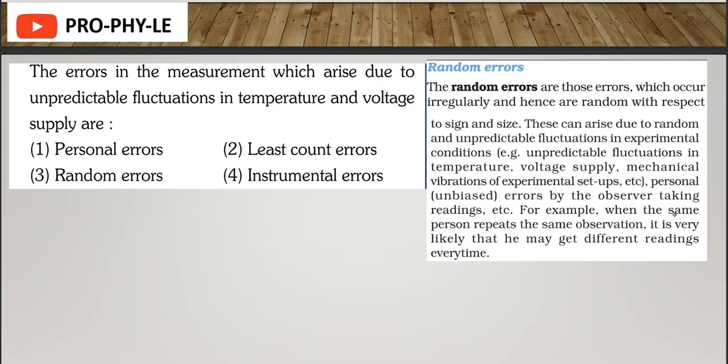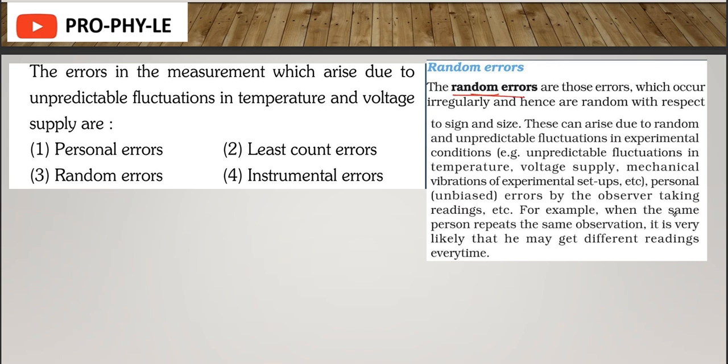And look at this. This is from our units and dimensions, error analysis. The error in the measurement which arises due to unpredictable fluctuations in temperature and voltage supply are... So look at this.